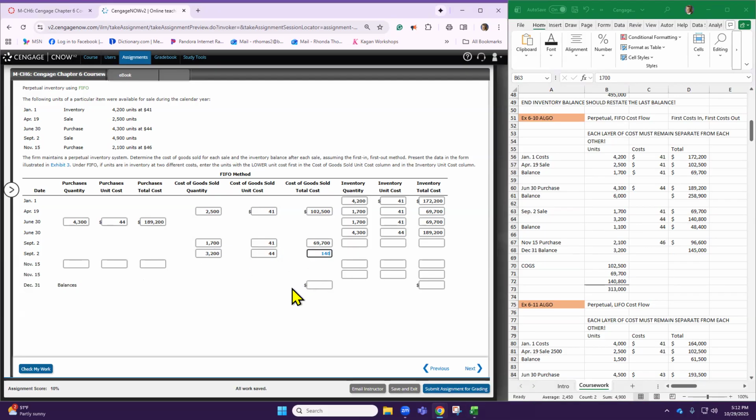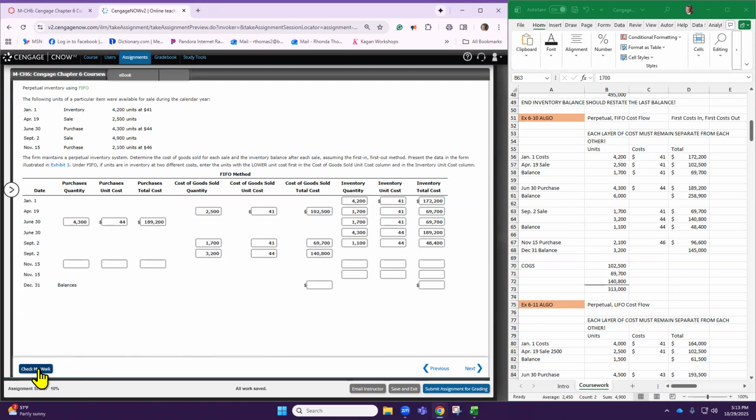So this is going to be 140,800. Now, we don't have any remaining in inventory of the $41 cost, but we do have some left of the $44 cost. So this is 1,100 units at a $44 cost, and that is 48,400.